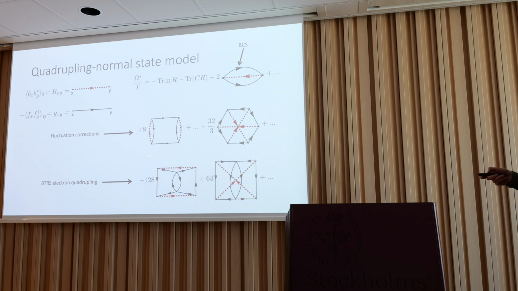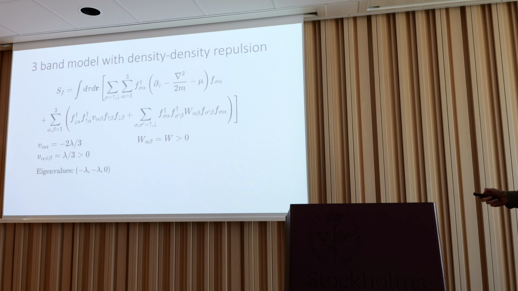I will not go into it more rigorously, just the intuition. The point is that this bosonic line can connect two fermionic lines in different bands, and this turns out to be the important part, because here, for example, it connects the fermionic lines in the same band, so it will be symmetric in this sense.